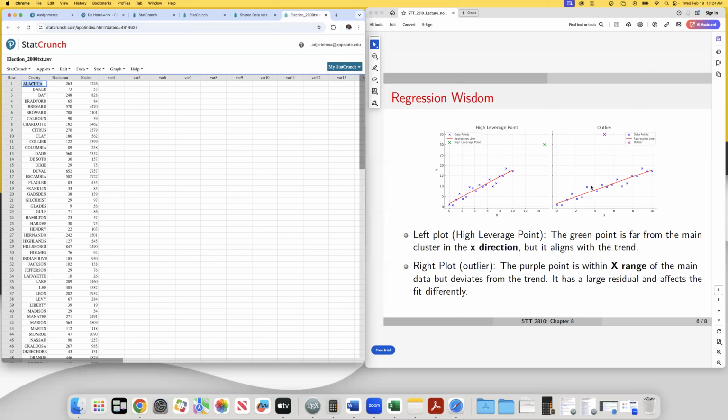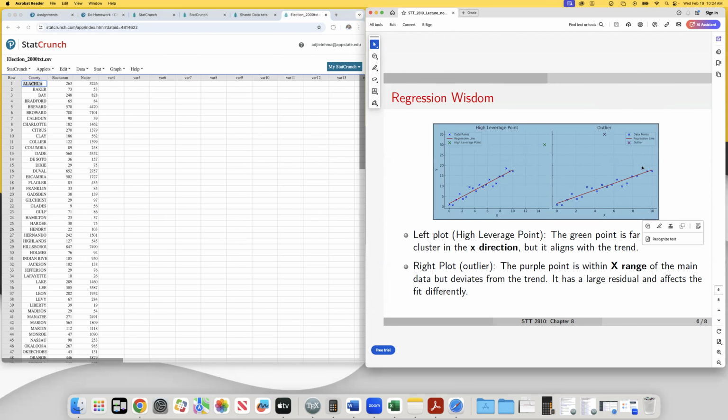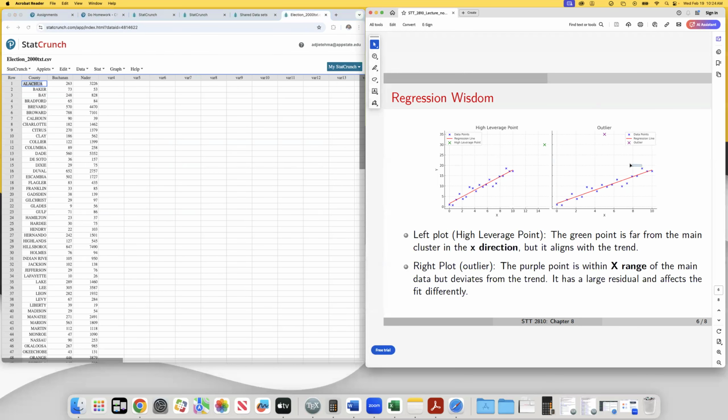It is far from the rest, look at the y's here. You see, the maximum is around this side, but look at this one here. Look at the horizontal difference. So that is the y.